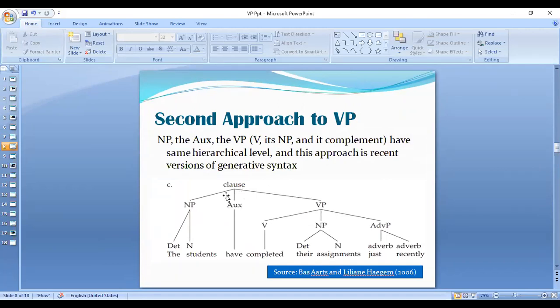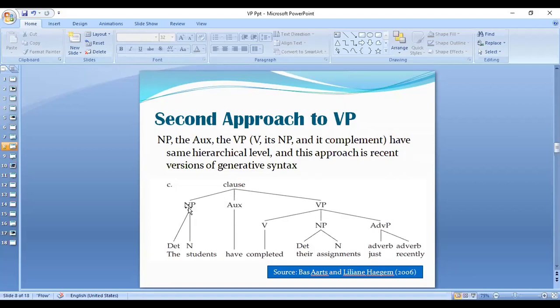According to this approach, a clause is divided into noun phrase, auxiliaries, and verb phrase. The difference is that the auxiliary verb is separated from the main verb in this approach.